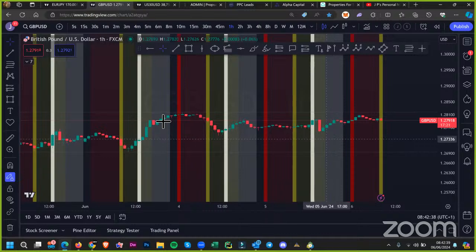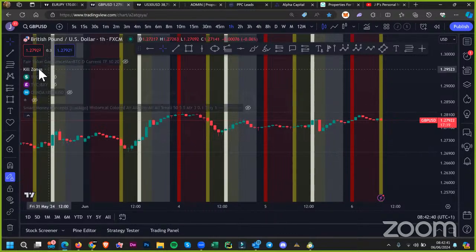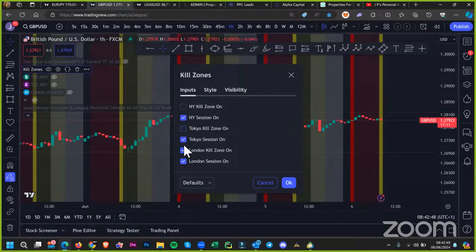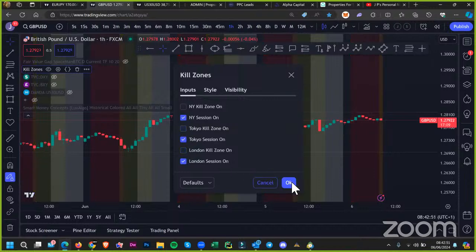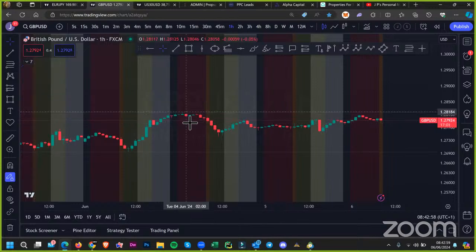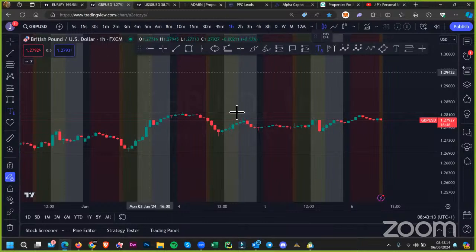I'm going to remove that for now, as I don't want to focus on just those little power hours. Let's turn off the kill zones. Now what you're left with is sessions. Like I said, red is Asian, yellow is London, white is New York. You can see a couple of times them overlapping, because sessions overlap. Now going back to our AMD, which I'm going to write again on the screen.